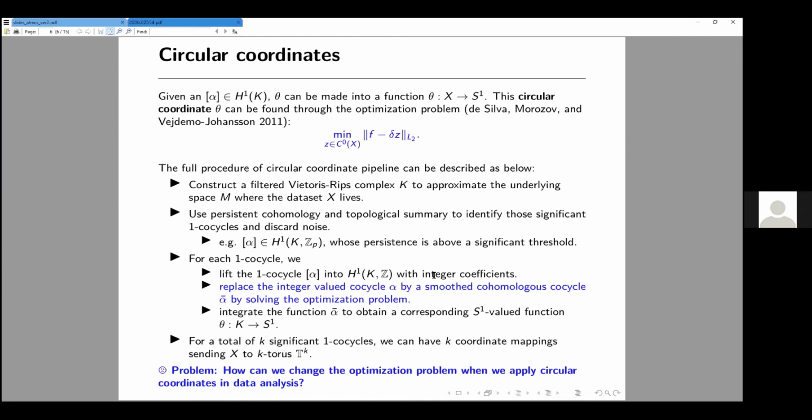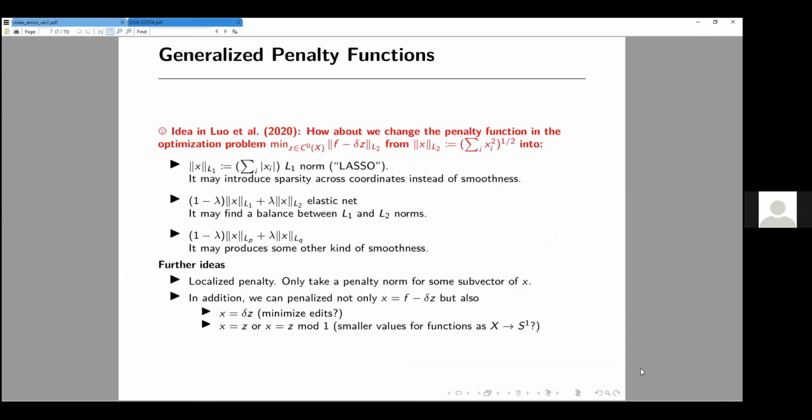So the problem is: how can we modify the optimization problem above when we're trying to apply the circular coordinate methodology in data analysis? That is the starting point of the current research we are going to explain below. Our idea in the paper is that instead of considering L2 penalty, we might be able to consider other kinds of penalty, just like what statisticians do.